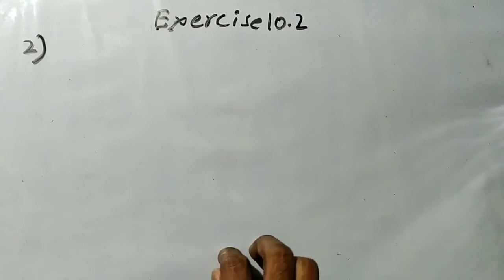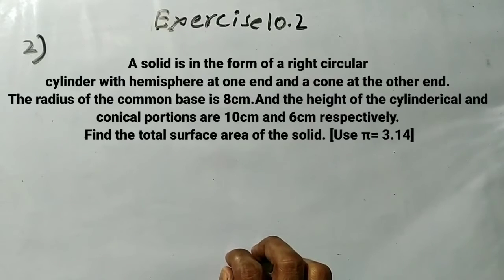So the second problem is a solid in the form of a right circular cylinder with a hemisphere at one end and a cone at the other end. The radius of the common base is 8 centimeters, and the heights of the cylinder and conical portion are 10 centimeters and 6 centimeters respectively. Find the TSA of the solid.